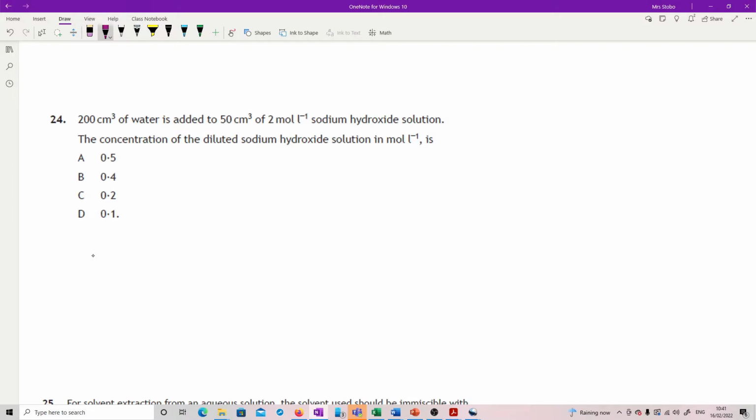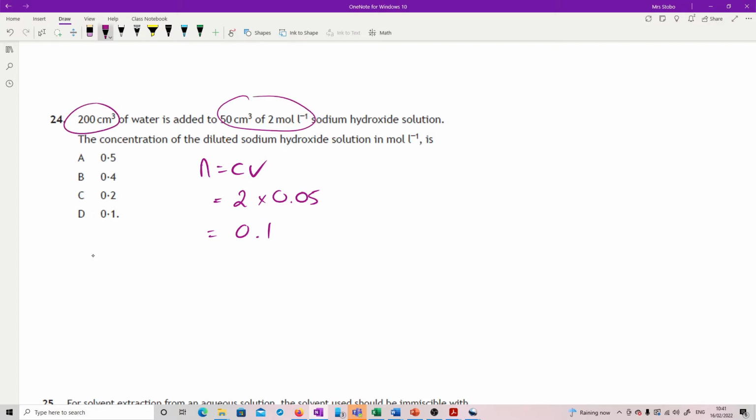Right. Question 24. 200 centimetres cubed of water added to 50 centimetres cubed of 2 molar sodium hydroxide. Concentration of diluted sodium hydroxide is what? Right, so start off by working out moles. Moles is concentration times volume. So we have 2 molar and 0.05, so I have 0.1 moles in that.